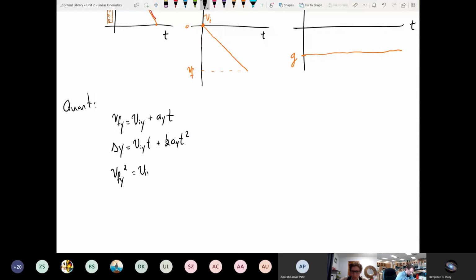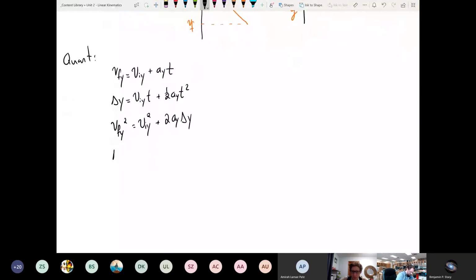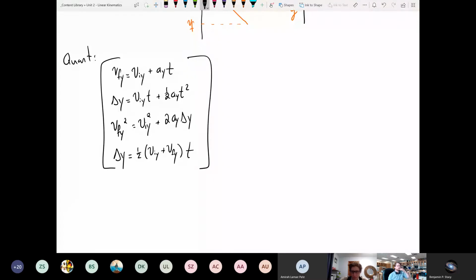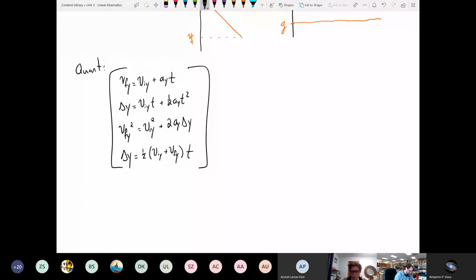This is the third kinematic equation that does not have time in it. And then I've got my very last one from our delta y, 1/2. Okay, so there's what my toolkit has for equations, the quantitative section.